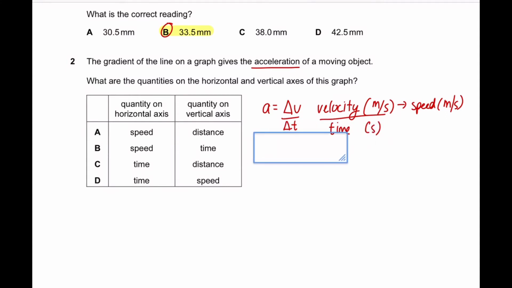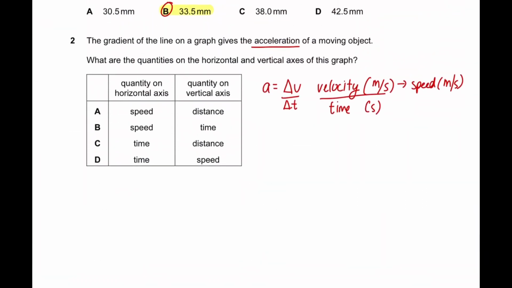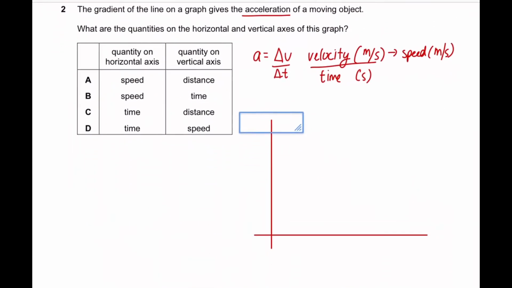Okay, on to drawing the graph. Here we have the y-axis and the x-axis. I shall label here. The y-axis, or the vertical axis we call it, and here the x-axis or the horizontal axis.